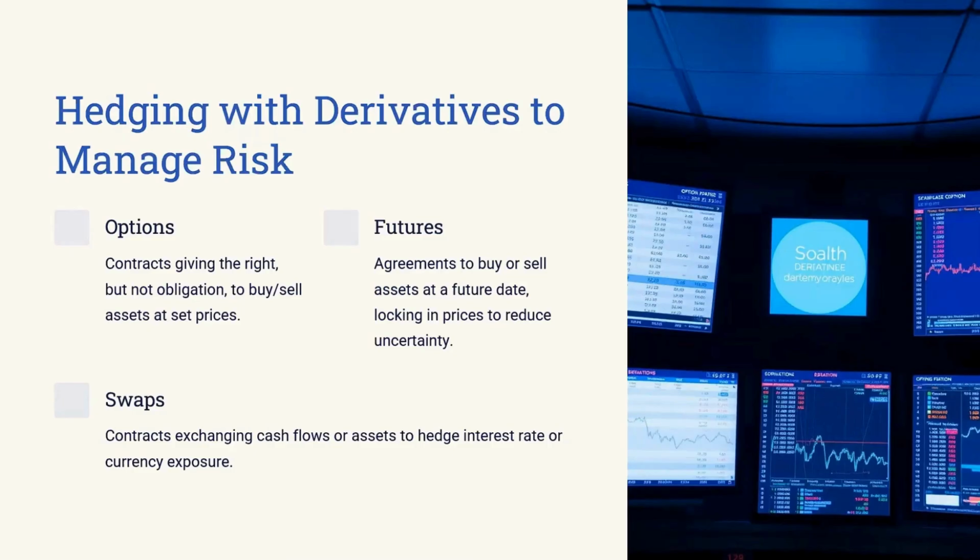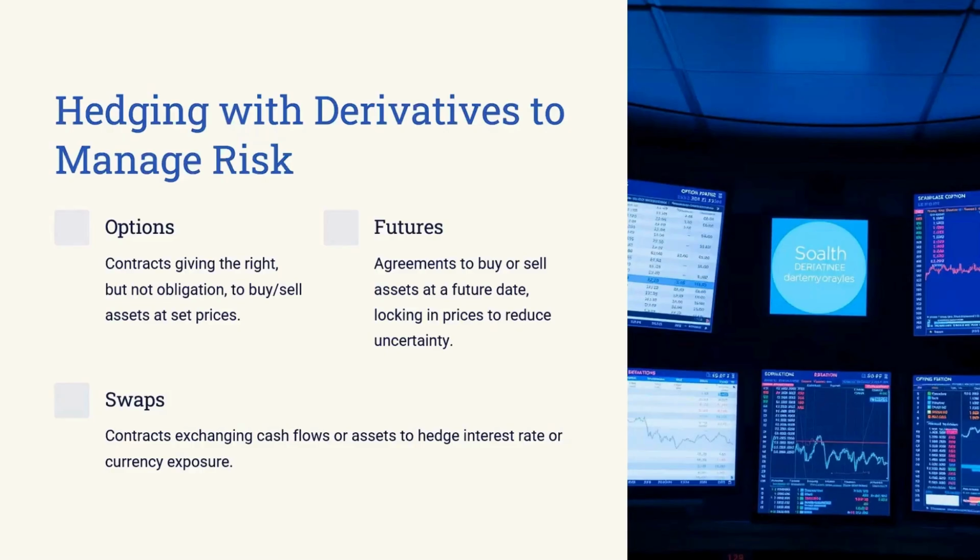Second one is futures. These are standardized agreements to buy or sell a specific asset at a predetermined price on a future date. These are used to lock in prices, reducing uncertainty for producers and consumers. Third one, the swap. These are custom agreements between two parties to exchange cash flows or assets over a period.